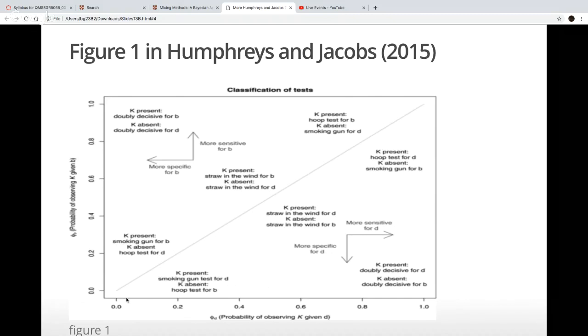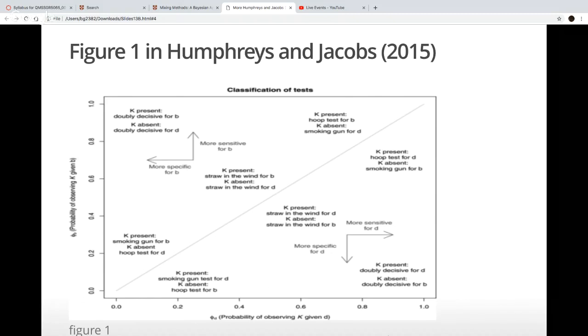So if we go out and observe K equal 1, that is strong-ish evidence, depending on exactly how far up into this left corner you are, that the observation is of type B. Conversely, if we go look for the clue and find that K is 0, then that is strong evidence that the country is of type D, destined to have y equal 1, and not type B.